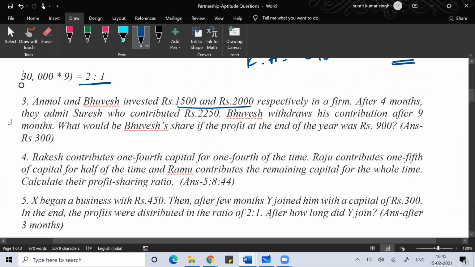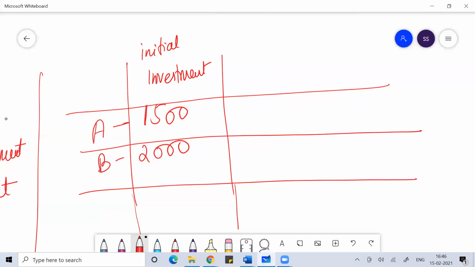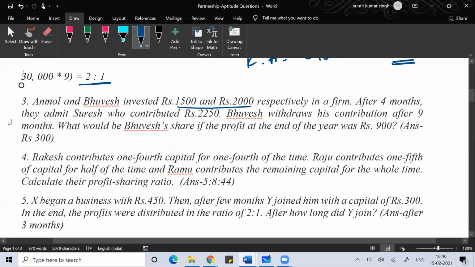So Anmol and Bhuvesh invested 1,500 and 2,000 rupees into the business. After 4 months, they admitted Suresh, who contributed 2250. So Suresh joined after 4 months. Bhuvesh withdrew his contribution after 9 months.